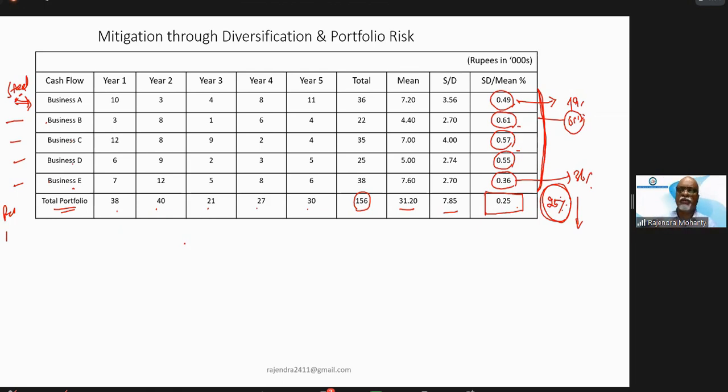So you give it to other industries. You have retail loans. You have so many varieties of loans. So that is the diversification. So by diversifying your portfolios, whether it is a loan or investment, whatever it may be, you can reduce your risk. So this is one of the important mitigation processes of risk.